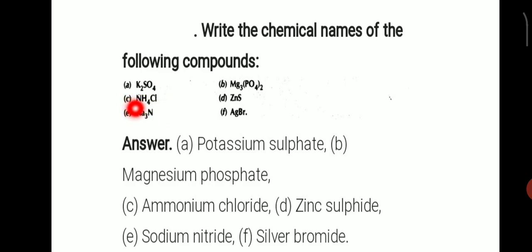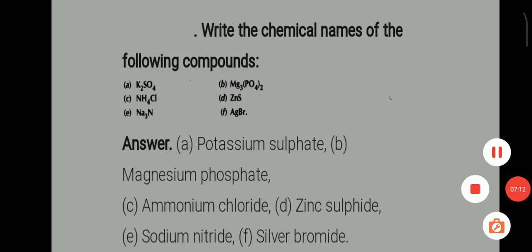NH4Cl. NH4 means ammonium, Cl means chloride, ammonium chloride. ZnS, zinc sulfide, not sulfate, it is sulfide. This is sodium nitride. AgBr, silver bromide.